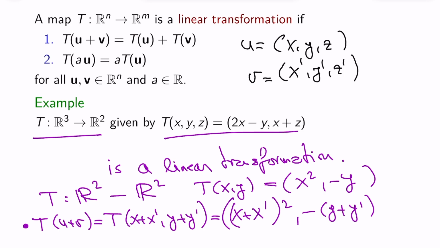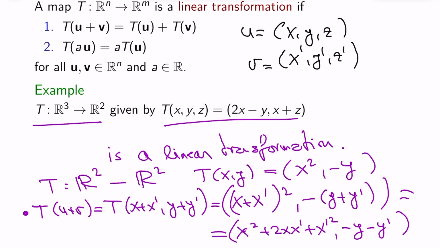So when we expand this, we see that this is x squared plus 2x x prime plus x prime squared, minus, in the second component, minus y minus y prime. So this is the result that we obtain as T of u plus v.